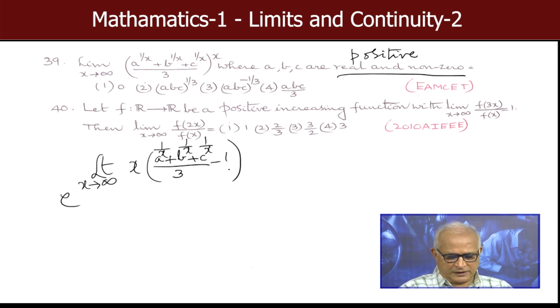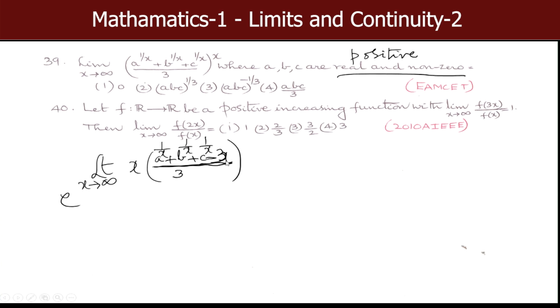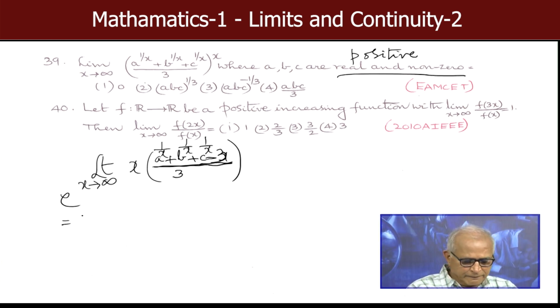ఈ LCM తీద్దాం. అది తీస్తే ఏమవుతుందంటే I can write it as 3 whole by a power 1 by x plus b power 1 by x plus c power 1 by x minus 3 by 3, or this can be written as, x tends to infinity.